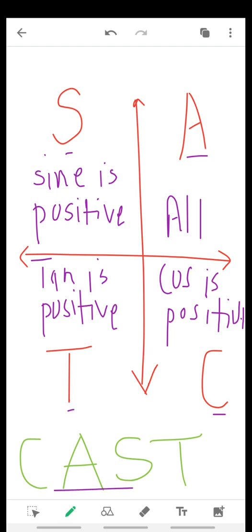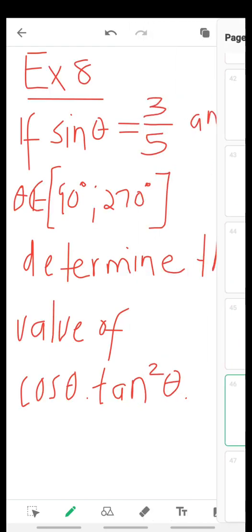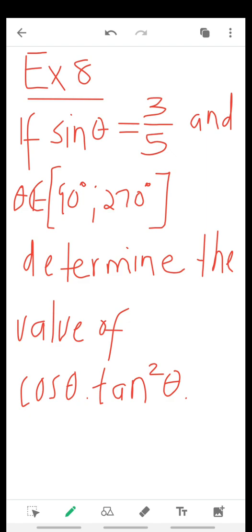This is a nice way of remembering CAST. It's a mnemonic that we use in order to remember what is positive where. So from the fourth quadrant anti-clockwise, we get CAST. Very important.